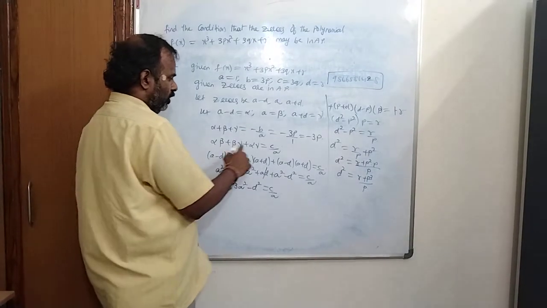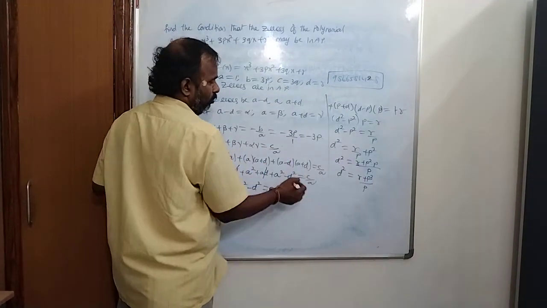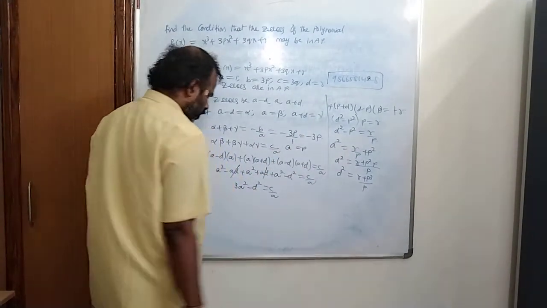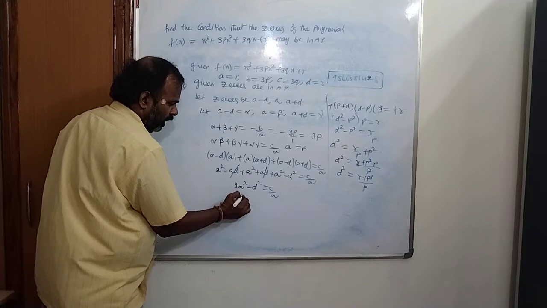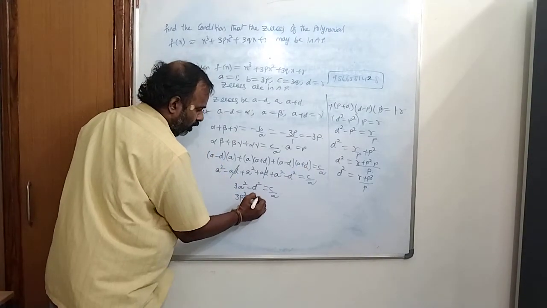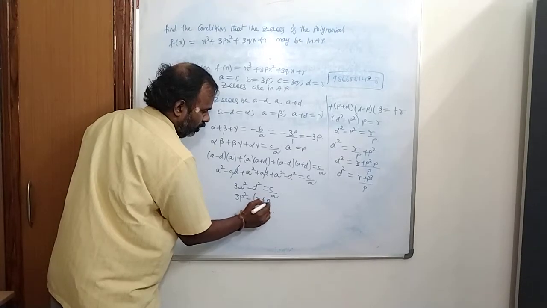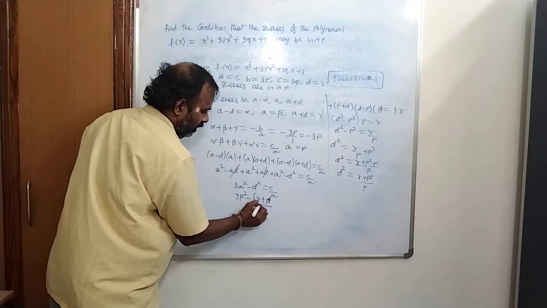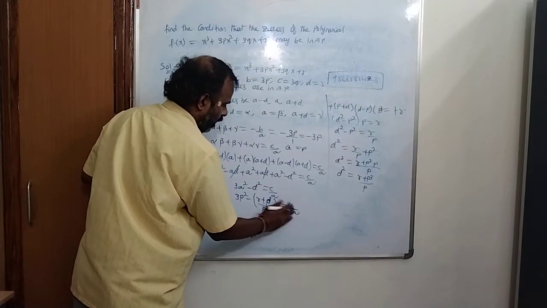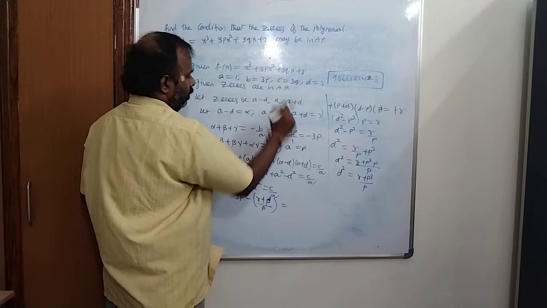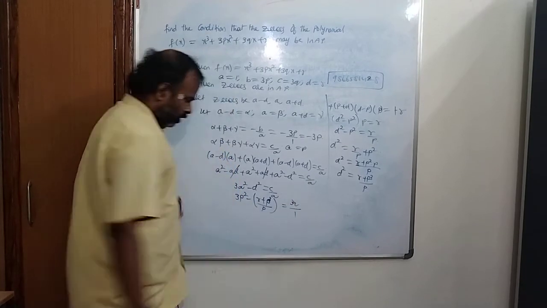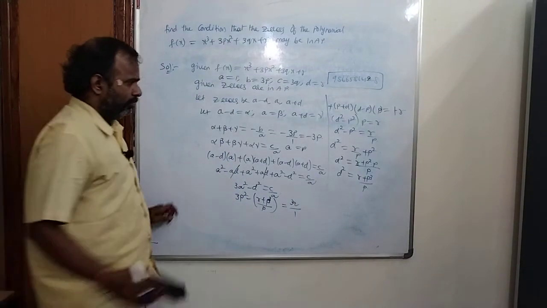Already we got a as p. Already we have taken a as p. So here 3p square minus d square, which is r plus p cube by p, is equal to c by a. c is what here? 3q, by a is 1. So here what do we get?